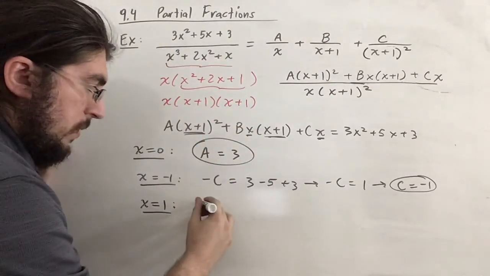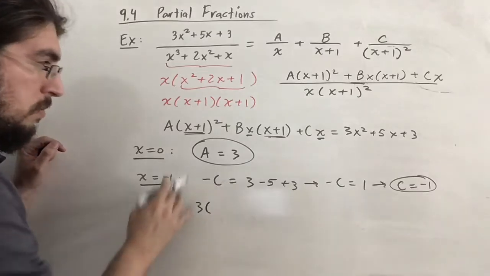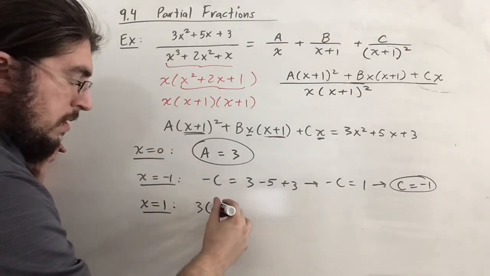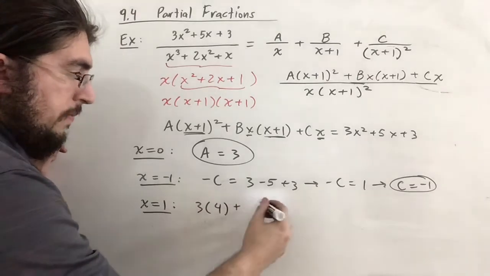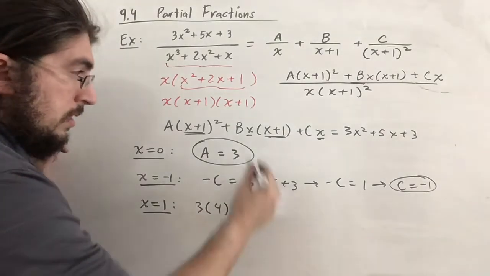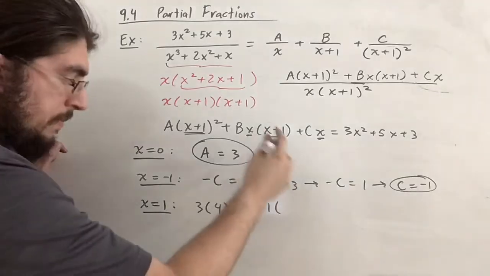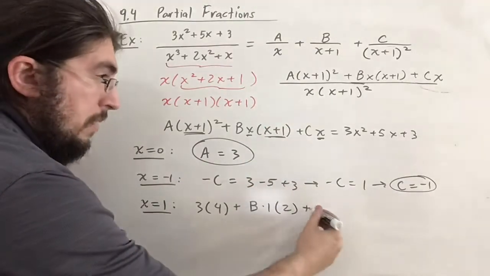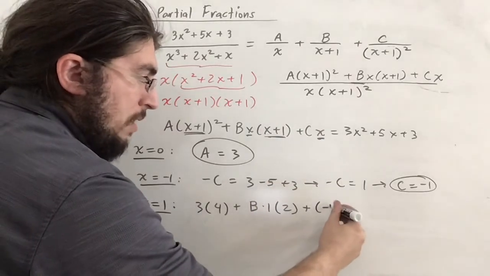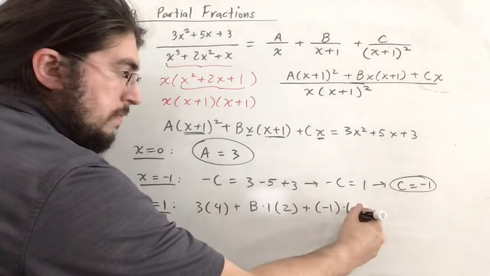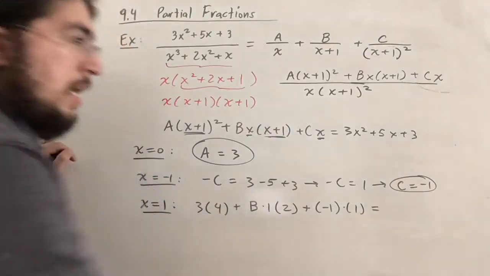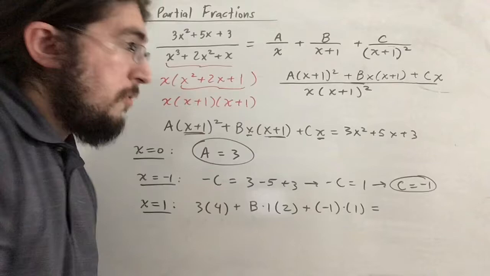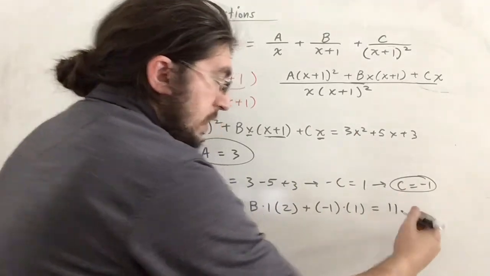We'll get a, which we know is 3 now, times, well, 1 plus 1 is 2, squared will give you 4, plus b, which we don't know, times x, which is 1, times 1 plus 1 is 2, so that's 2b, plus c, which we know is actually -1, times x, which we're replacing with 1, equals, when you plug in 1 for x here on the right, you get 3 plus 5 plus 3, which is 11.